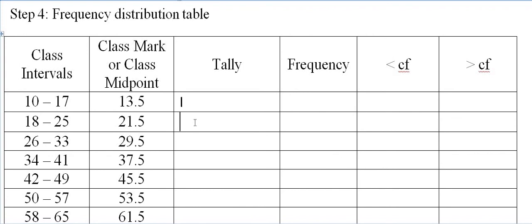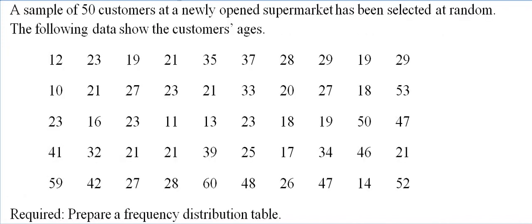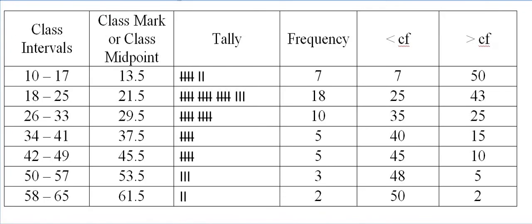So, tally that again. Then, go back to the problem again. For 19, 21, 35, up to the last one, which is 52. After you do all the tallying, your tally column will then look like this.